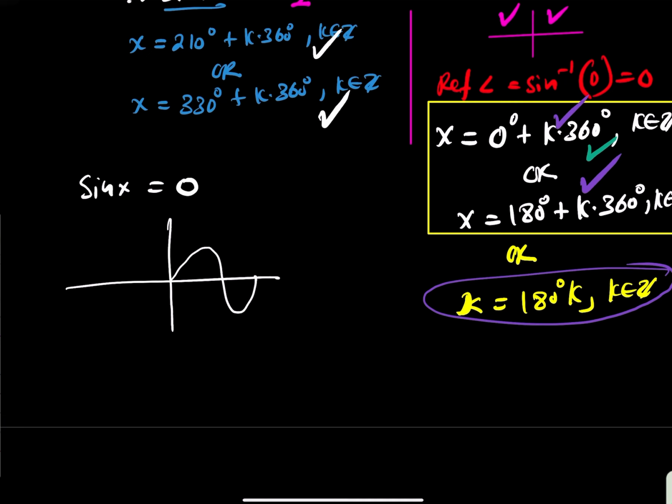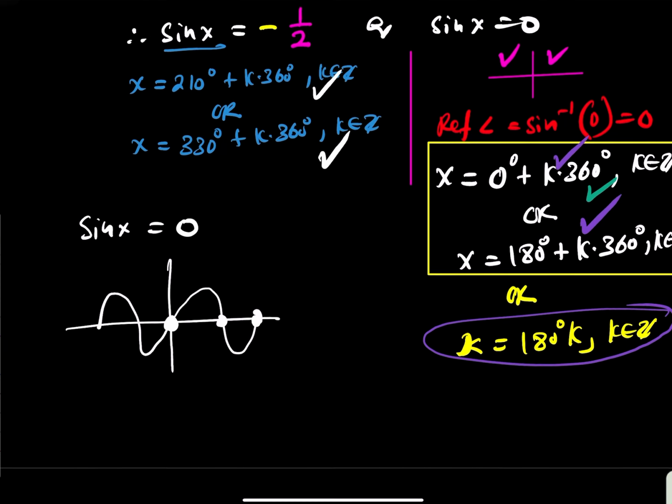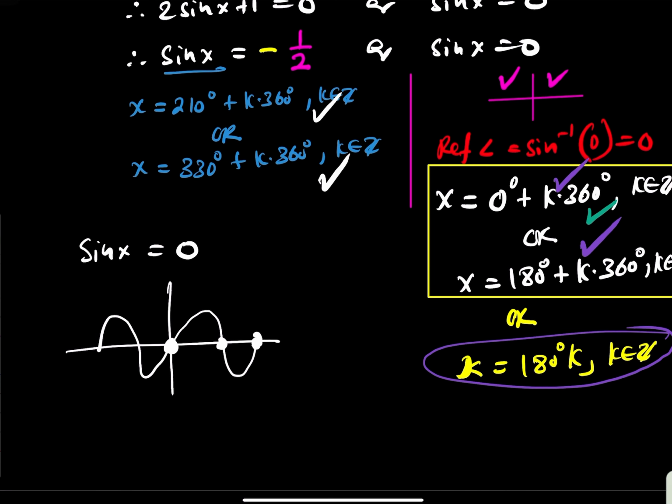So it's going to be equal to 0 at 0, at 180 there, and 360 somewhere there. Same thing here. Now we are on the positive scale, so you're going to have those points there. That is 0, 180, and 360. That is why the period there is now changed to that particular situation.